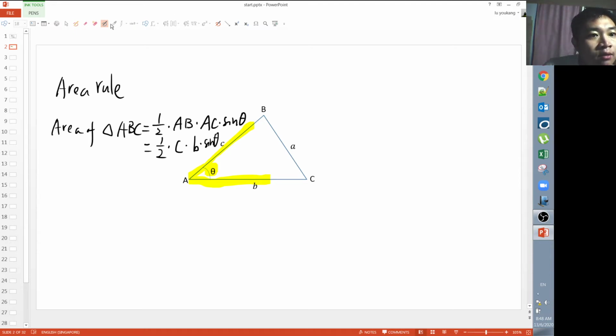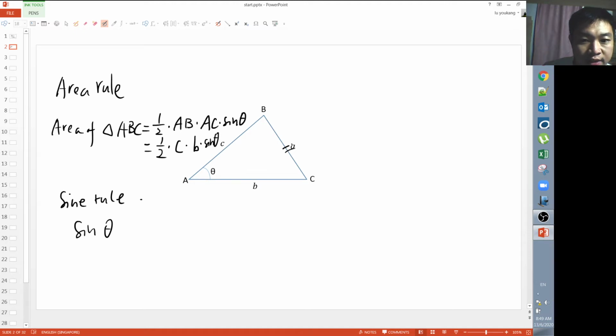Okay. So now let me quickly move on to your sine rule and cosine rule. So the sine rule says, if you sine this theta, you have to use the side that is opposite to theta.